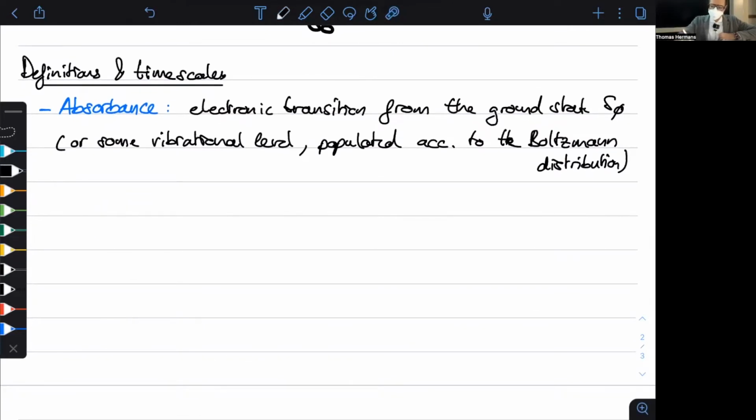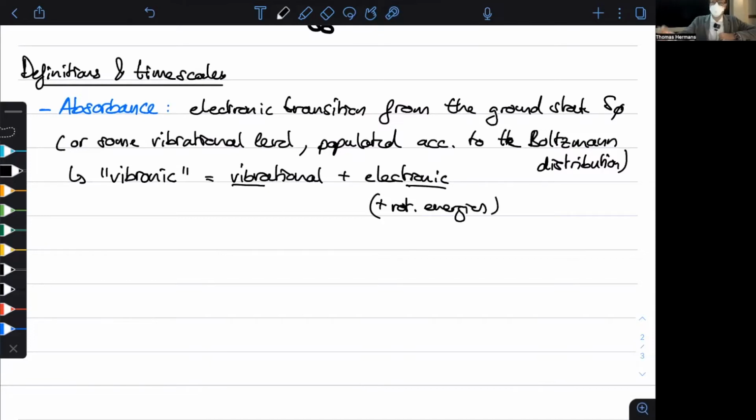And I already said this, that people also talk about vibronic levels or transitions, which is basically vibrational plus electronic, right? Vibronic. Actually, it also includes rotational energies.